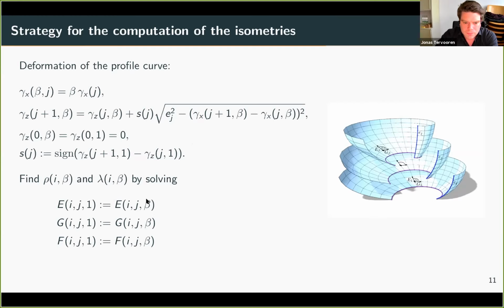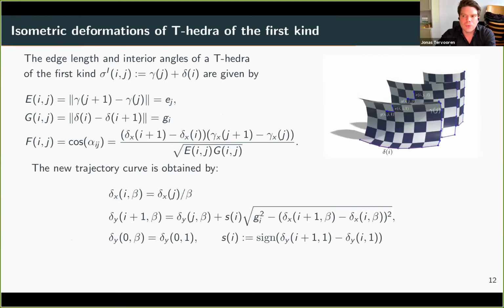All right. Let's have a look at how it works in the first case, which is quite easy. These are the translational surfaces, whose isometric deformations are well known for a long time. They're easy because one set of edges is determined by the profile curve and the other set of edges is only determined by the trajectory curve.